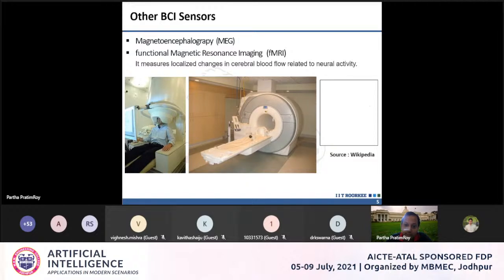There are several data sets which are used for machine learning. These data sets are in image or video form. When one undergoes these kinds of devices, MEG or fMRI, which are very huge devices, they measure the change in cerebral blood flow, how this blood flow is modified.